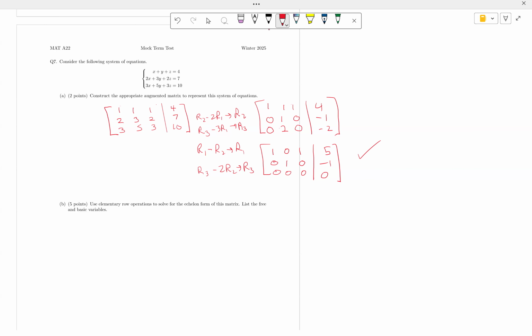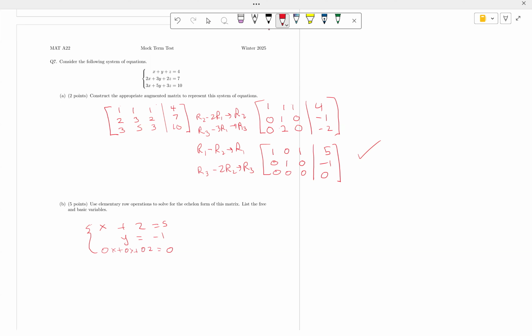Okay. Now that we're in echelon form, this represents the system of equations. x plus z equals 5, y equals minus 1, and 0x plus 0y plus 0z equals 0.